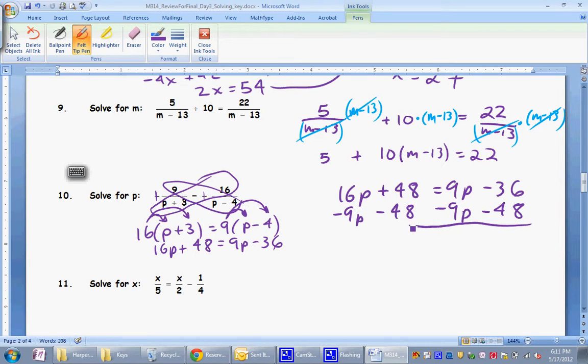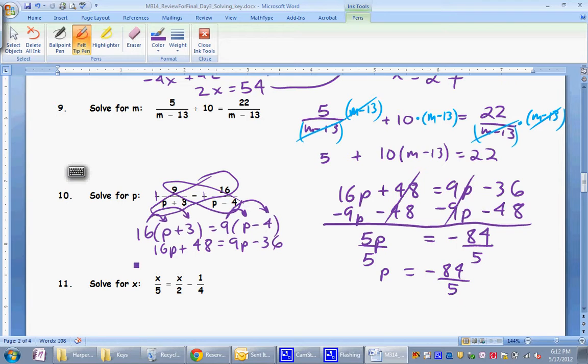So we end up with 5p is equal to, and then on the right side, let's see, negative 84, I believe. And if we divide both sides by 5, we have our answer. p equals negative 84 over 5.